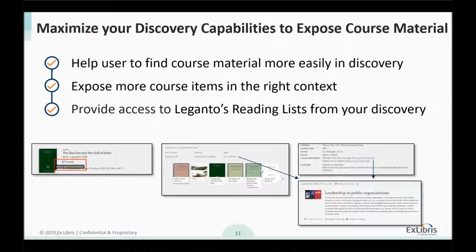We also help provide more access to your reading list system if this is Leganto. If you don't have Leganto, you can also think of more ways to expose links to other learning management systems. So this is to check and see how you can maximize those features and use them in your discovery.